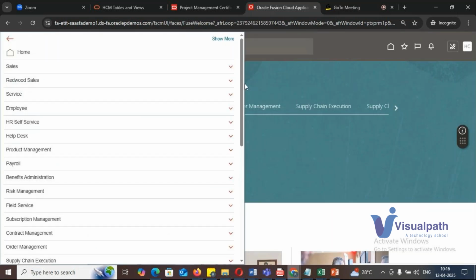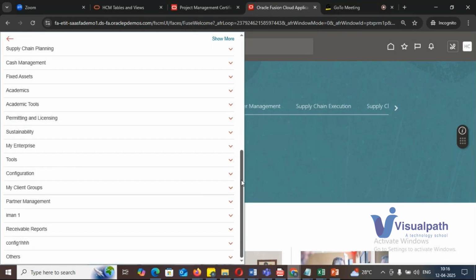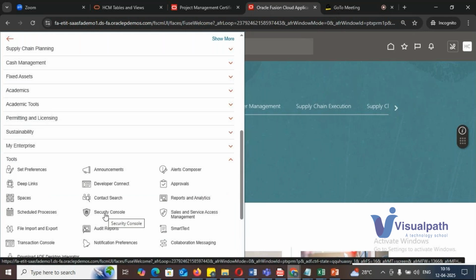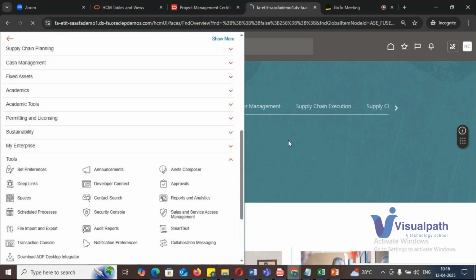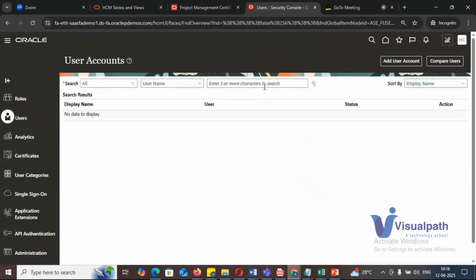It's a very small setup. These are the navigations. Under Tools, you have to select the Security Console, and here you have to create the user ID.